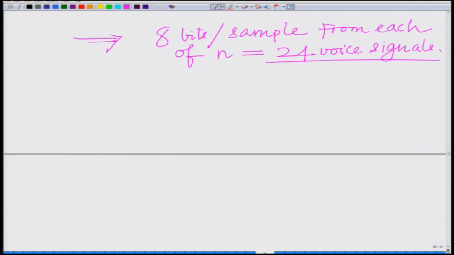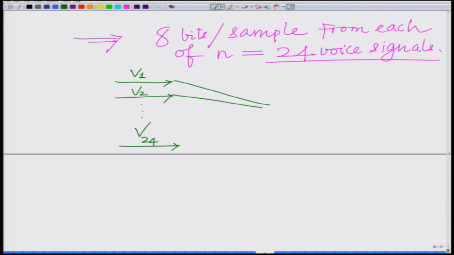So, what you have in your T1 system is basically, if you look at this, signal 1, signal 2, up to 24. So, you have V1, V2, so on up to V24.